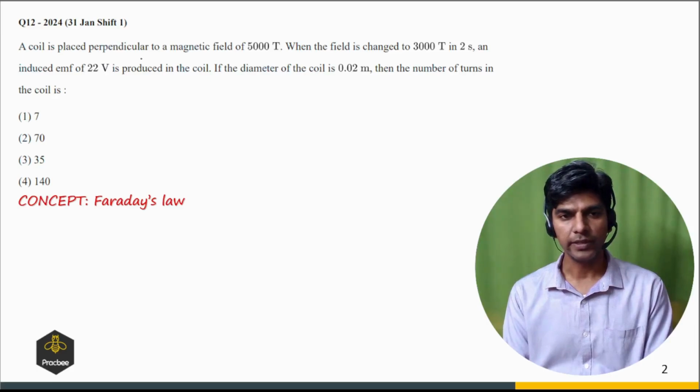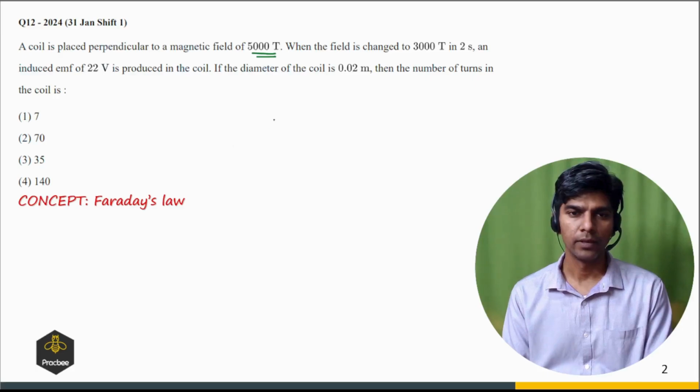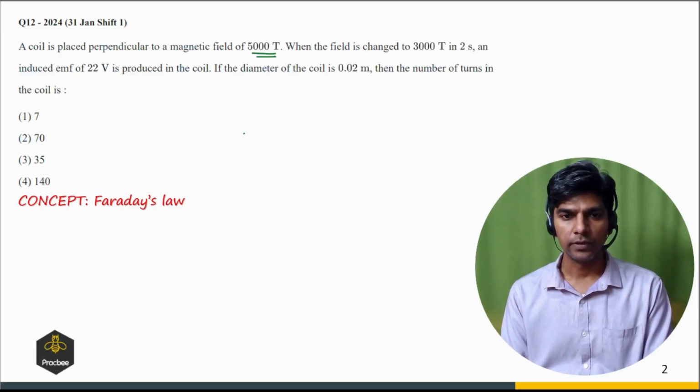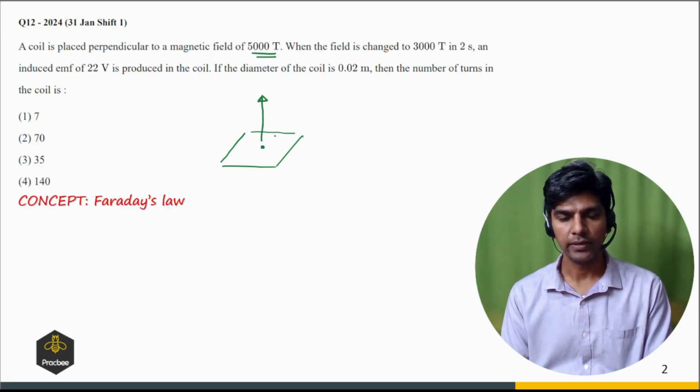A coil is placed perpendicular to the magnetic field of 5000 Tesla. So if this is the coil, this is the area vector, and the magnetic field is in this direction only, right?